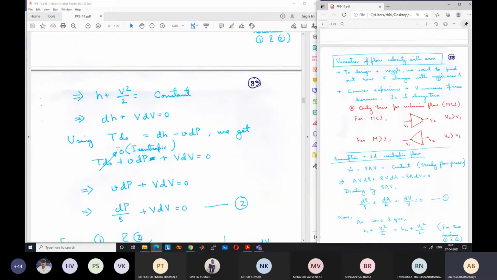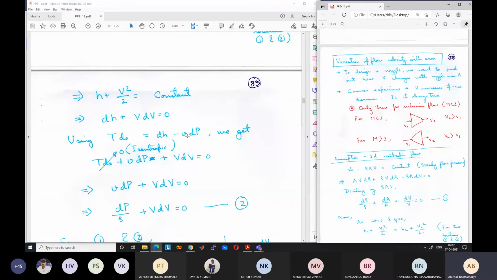Now I can also use the TDS relation. The TDS relation says that TDS is equal to dH minus vdP. This is one of the two TDS relations we discussed in the previous class. These are very standard relations which you have read in thermodynamics: TDS equals du plus PdV, and TDS equals dH minus vdP.